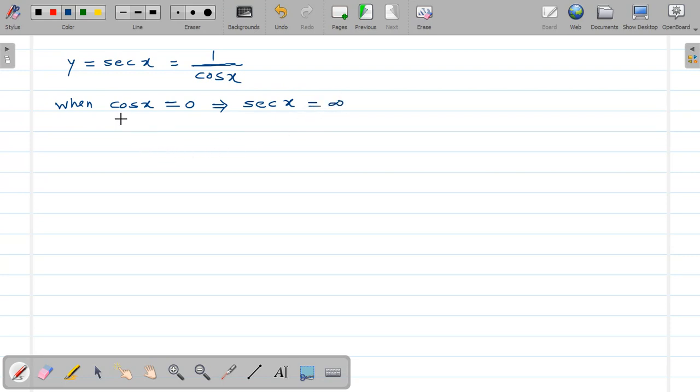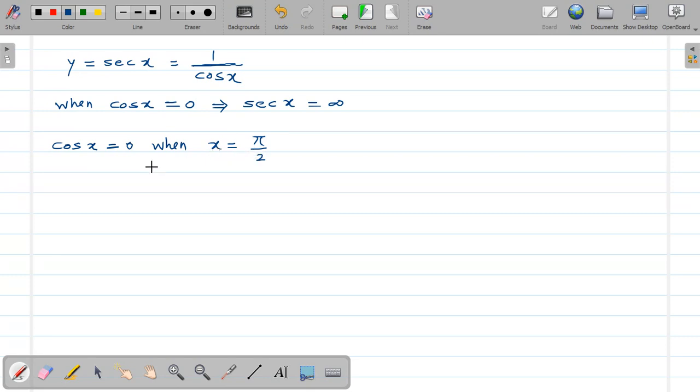Means we have to remove all the points, all the angles from the real line where cos x is equal to 0. So try to get all such angles where cos function is 0. So cos x is equal to 0 when, now see, all of you know that for 90 degree, whenever you come to the y axis on that unit circle, then x is equal to pi by 2.